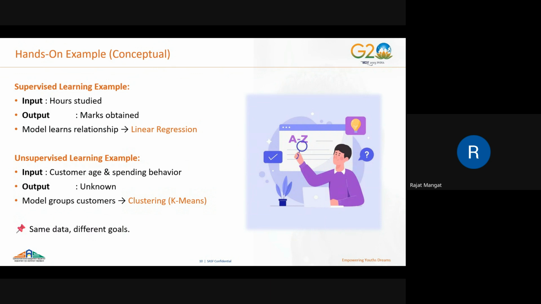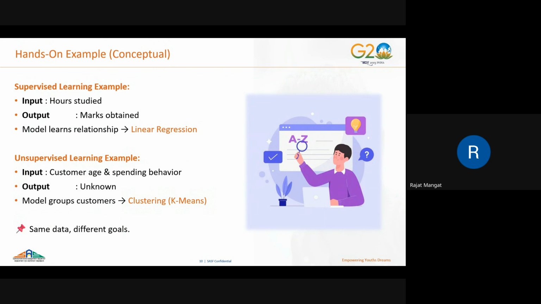So these are some examples like supervised learning: hours studied, marks obtained. Okay, you have a data set with you on which you have how many hours a particular student is studying. Based upon those hours, how are the results of that particular student. Then once your model is trained, you input the data.